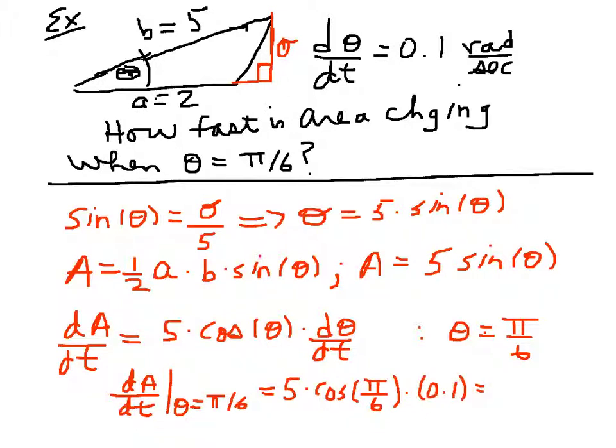Now the cos of pi over 6 is the square root of 3 over 2. So what we get is 0.5 times the square root of 3 over 2. And that would be measured in units squared per second.